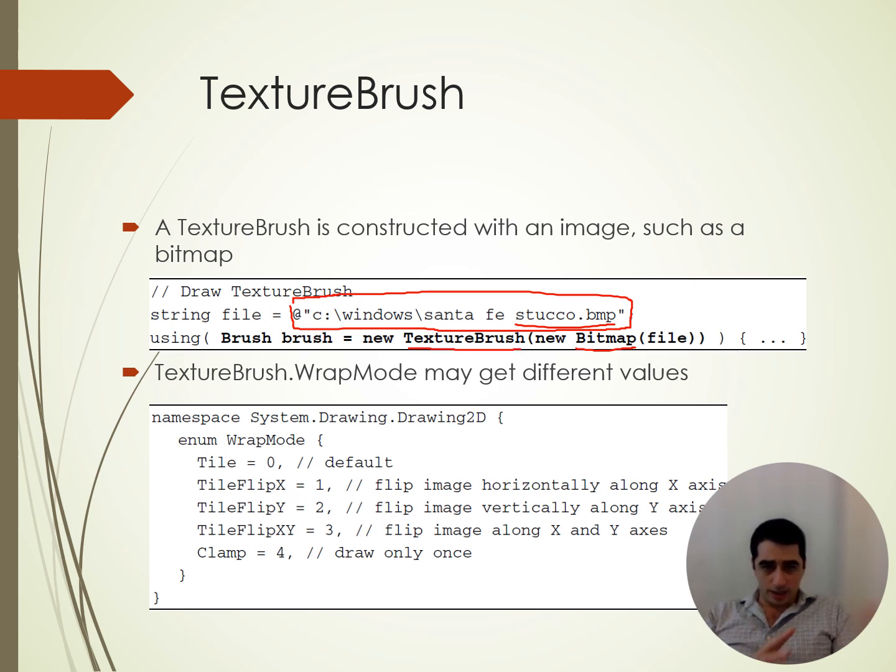This way you can create a texture brush with a given file, and basically that file is used to fill the shape that you want to fill its interior with a certain brush.